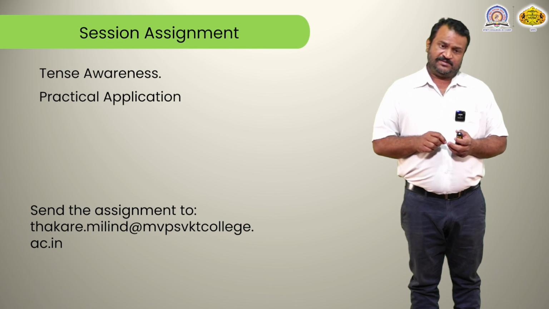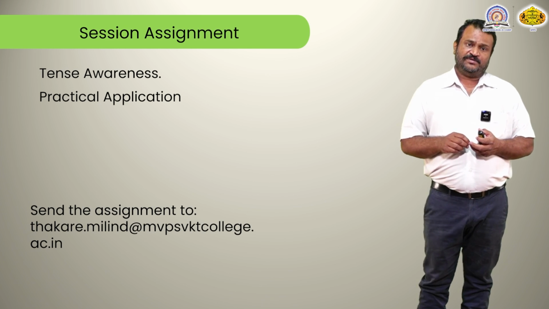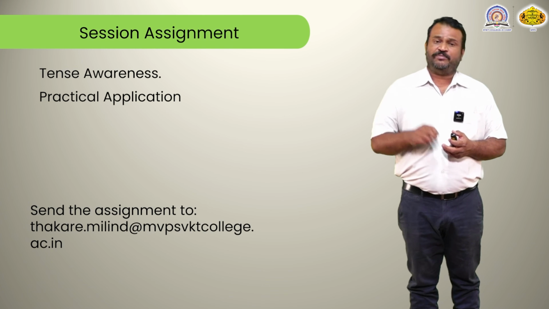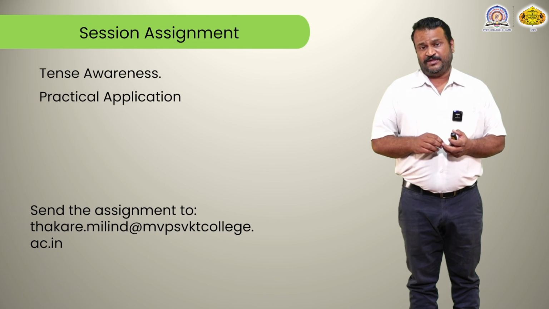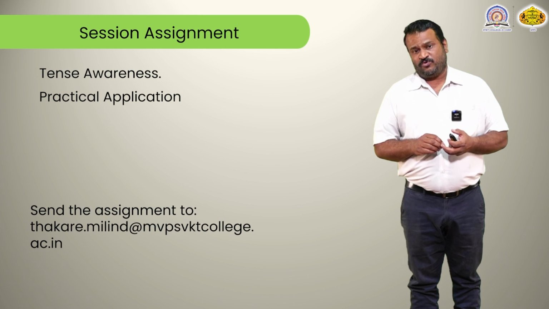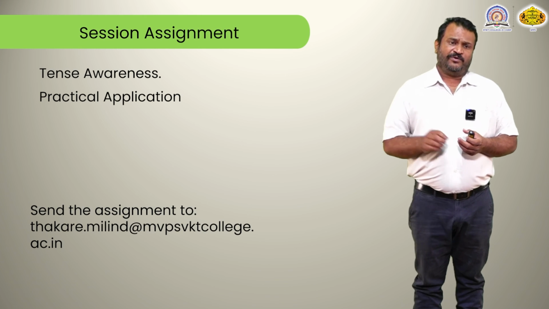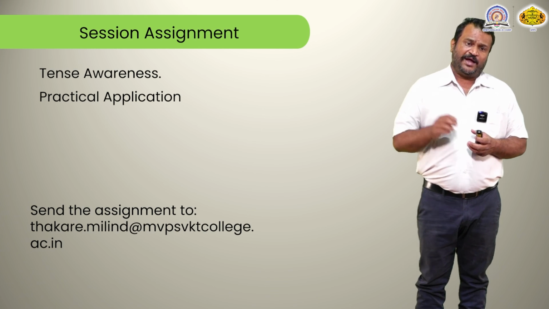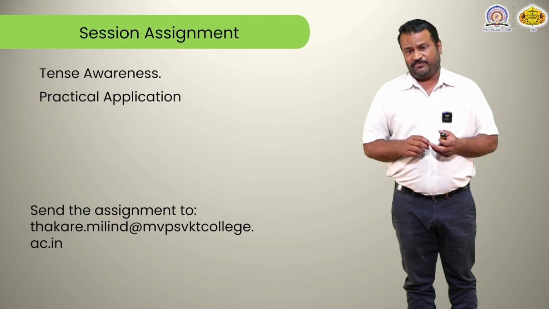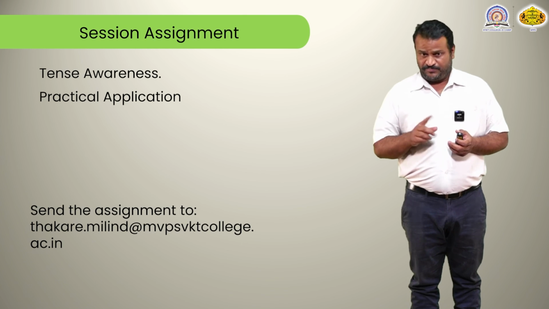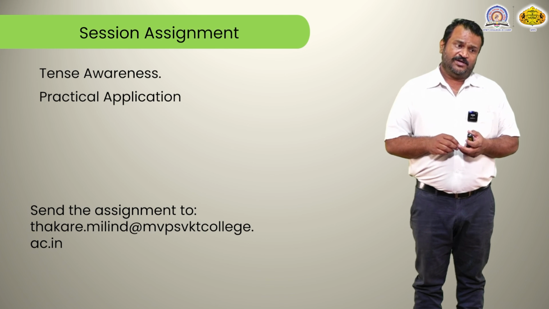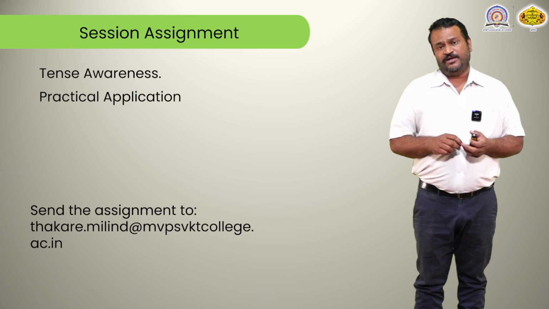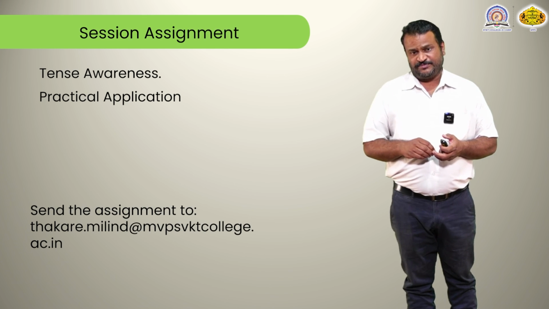Try to practice, try to understand the tenses. You should be aware of tenses. Awareness means, for example, whatever things take place in your life, or which are repeated very often, should always be expressed in simple present tense.